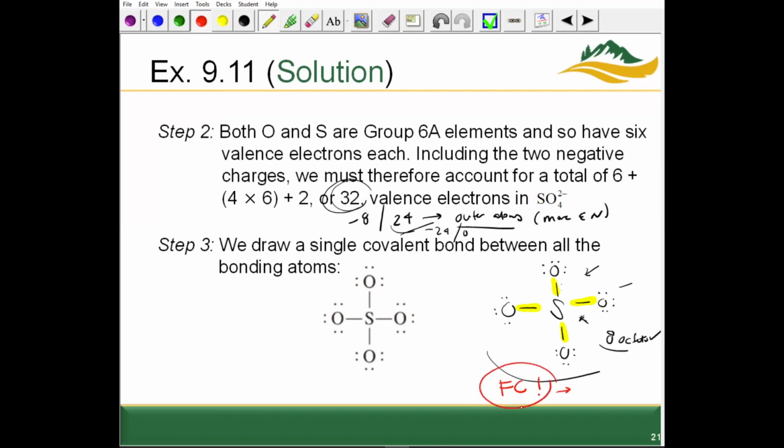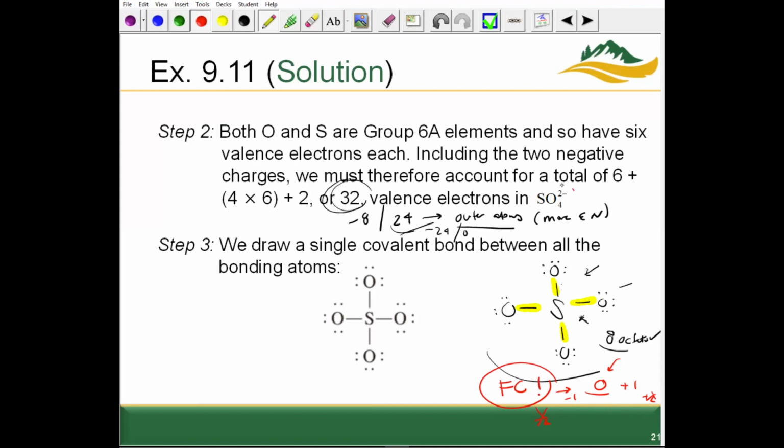What are we looking for with formal charges? We're looking for all the atoms to have as close to 0 of a formal charge as possible. +1 can be okay, -1 can be okay. We saw that -2 is not good, +2 is not good. So ideally, all the atoms have formal charges of 0.